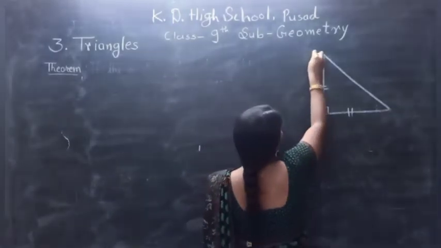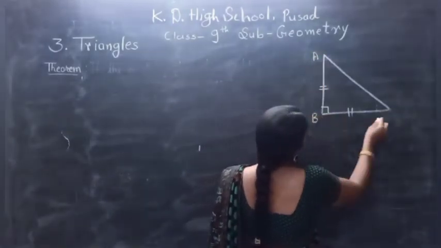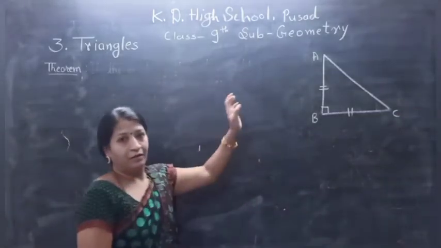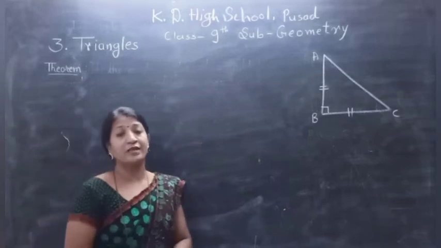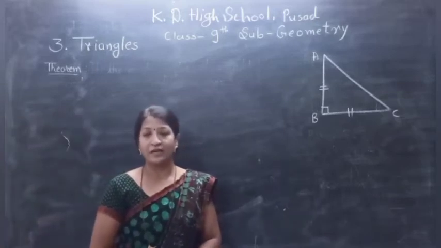Here we put the triangle ABC. Yes, this triangle is an isosceles right angle triangle. Now what is the property related to the isosceles right angle triangle?